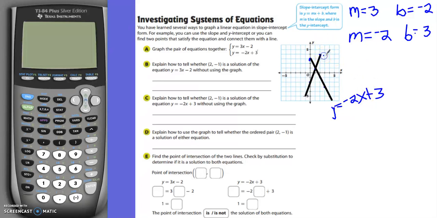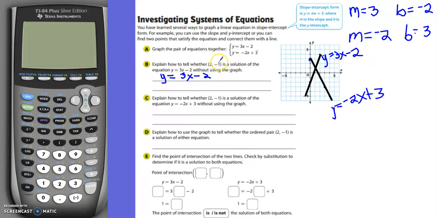And this one is y equals 3x minus 2. Okay, part B. Explain how to tell whether 2, -1 is a solution of the equation 3x minus 2 without using the graph. Well, that's easy. You can just use substitution. So you have y equals 3x minus 2.